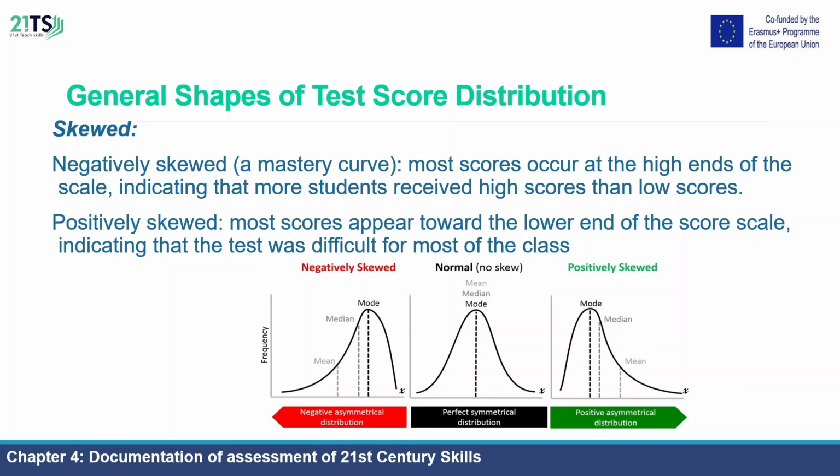The negative score, or a mastery curve, means most scores occur at the highest end of the scale, indicating that more students receive higher scores than lower scores.